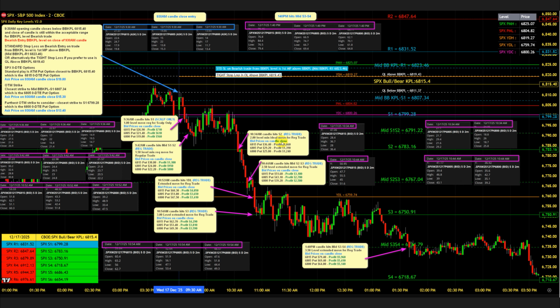So the 2-level move is more for the low to moderate or normal type of volatility environment.